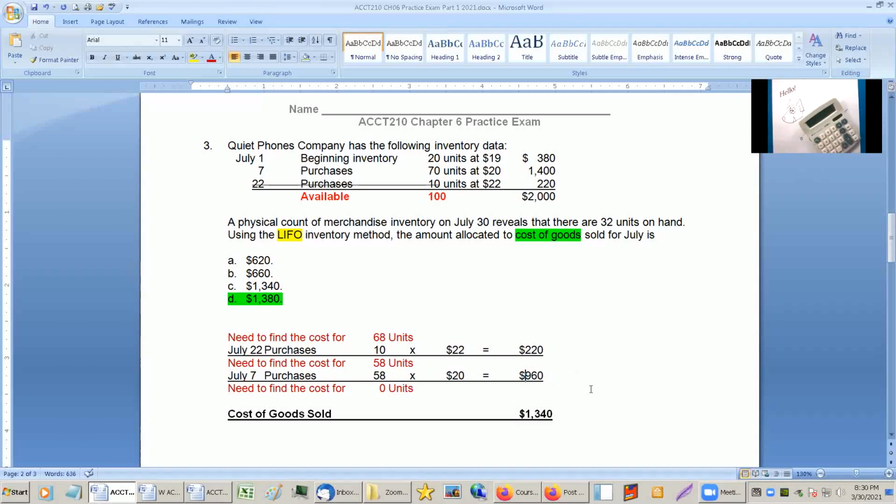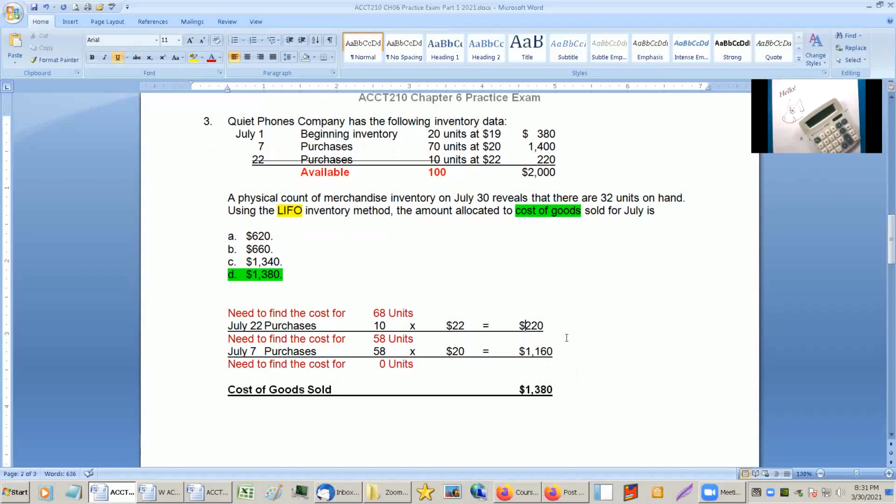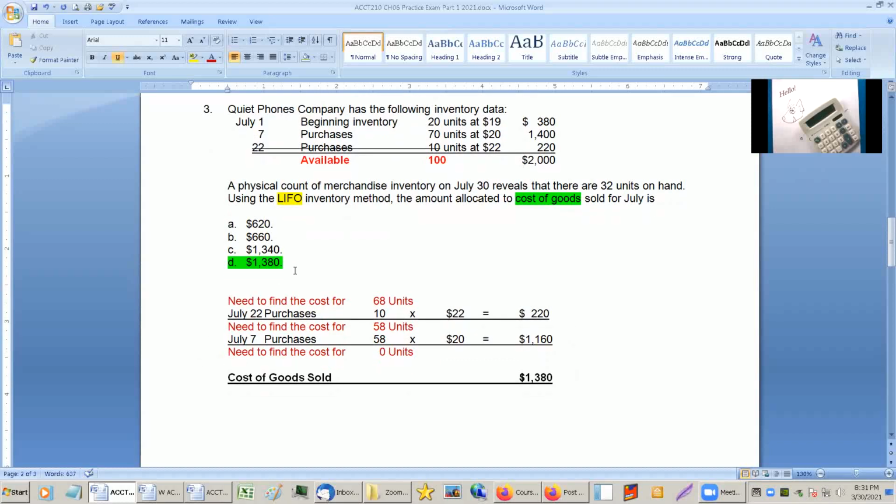No, 1,160. So again, we're just taking the last ones in.